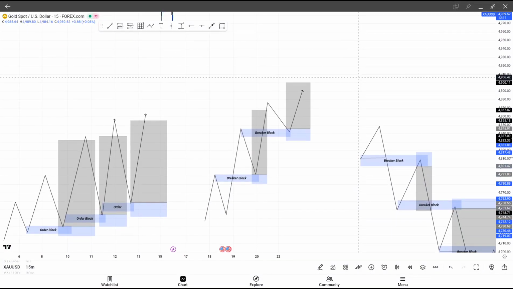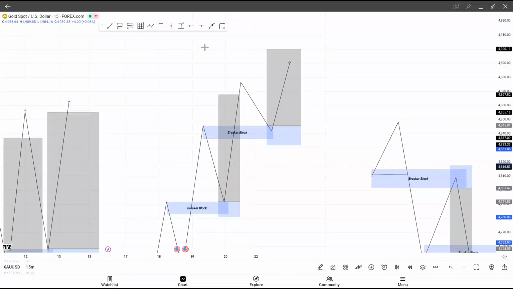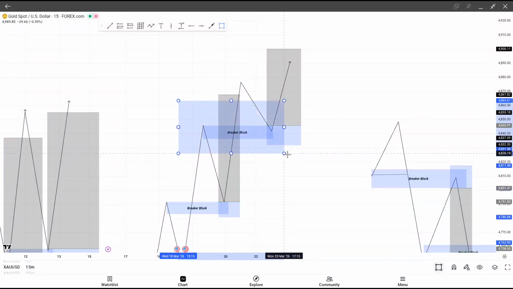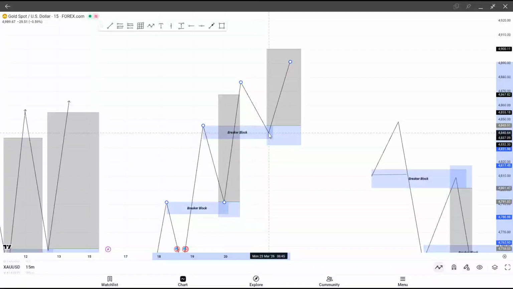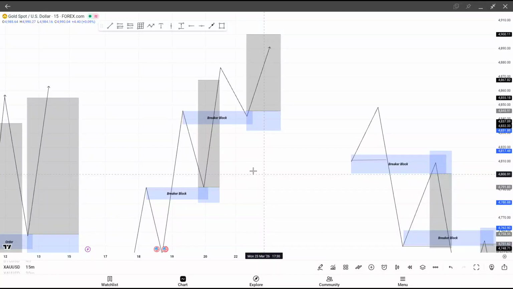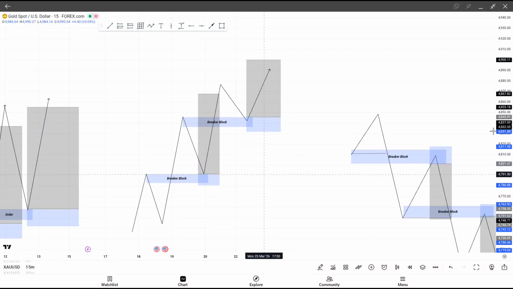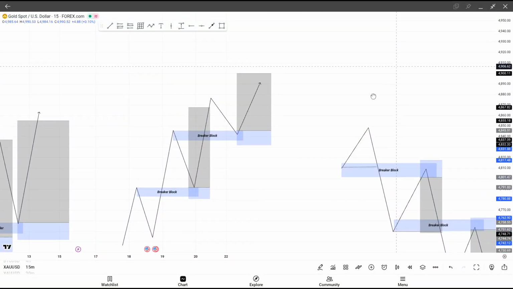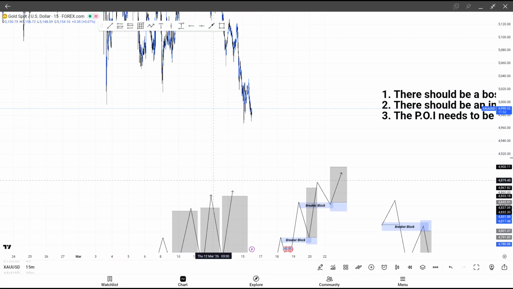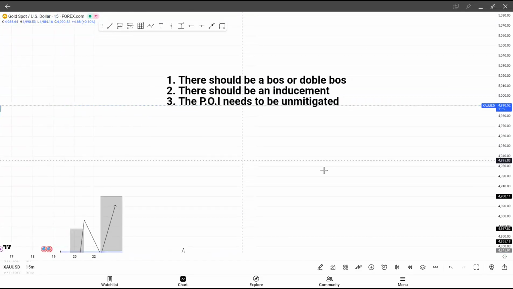What's the meaning of that? It means that, for example, this is a breaker block here. If this is a breaker block and the price has tapped into that breaker block, it means that that breaker block is mitigated. It is not valid anymore. It means that it should be a point of interest that the market has not touched before. That point of interest can be a breaker block or order block, but the market shouldn't have used it before. It should be a clean point of interest.